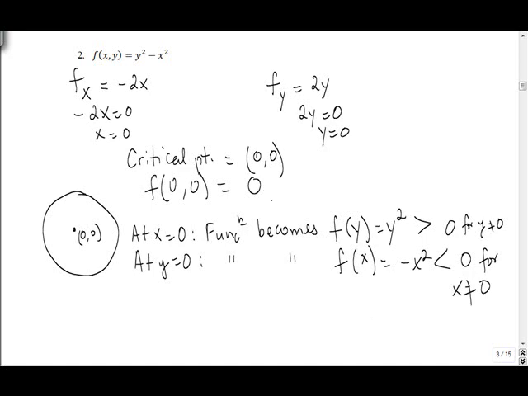So this tells you that 0 is not a max or min. It has to be a saddle point, because the points are varying. This is positive, negative, and 0 in the middle. So therefore, 0, 0 is not a max or min. It is called a saddle point.